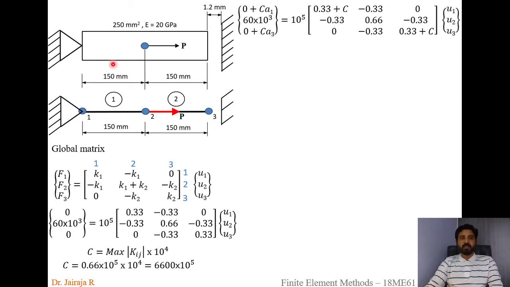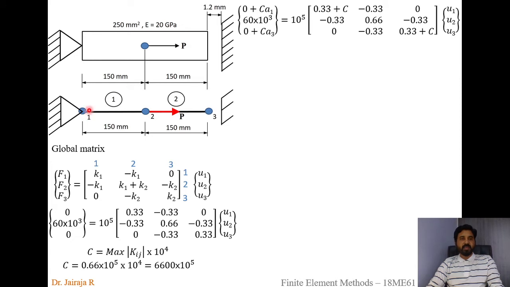Since node 1 is fully fixed, C can be added at node 1, that is the first diagonal element of the stiffness matrix. And node 3 is also partially fixed, so C can be added at node 3, that is the third diagonal element of the stiffness matrix. That means C times A1 can be added at node 1 and C times A3 can be added at node 3.